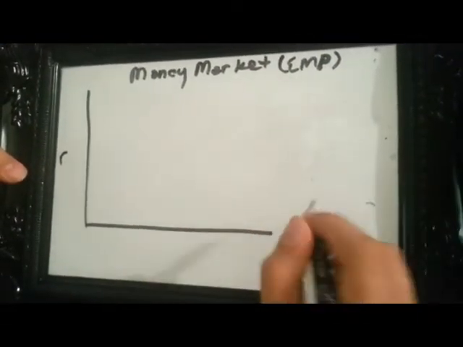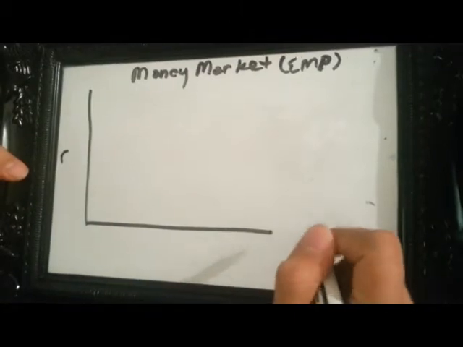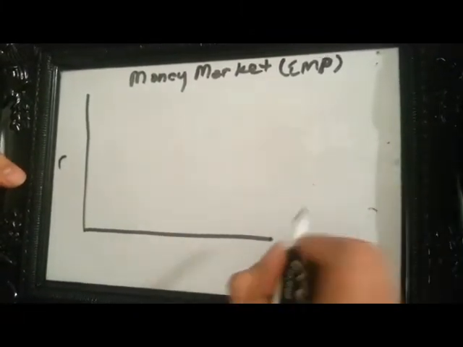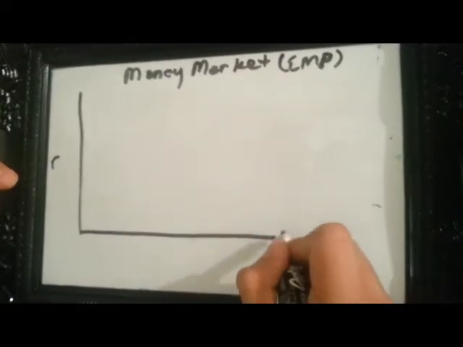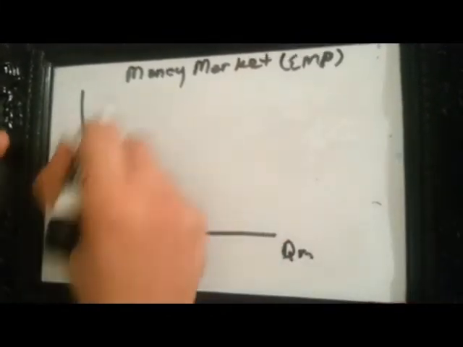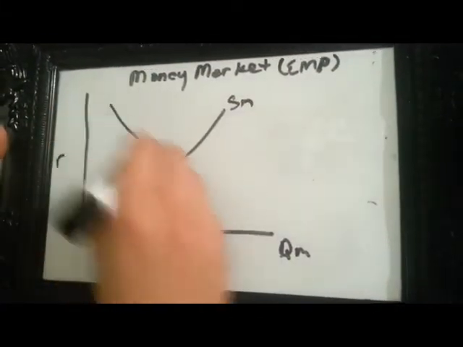Here we'll show the effect of an expansionary monetary policy on the money market, but we also know that expansionary monetary policy is the open market purchase. So, as we have here, we draw our money market. We have our supply for money, and we have our demand for money.